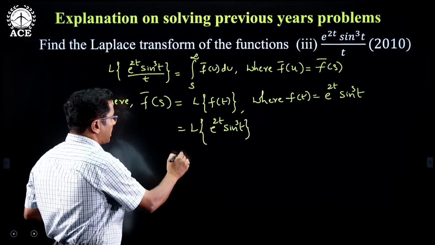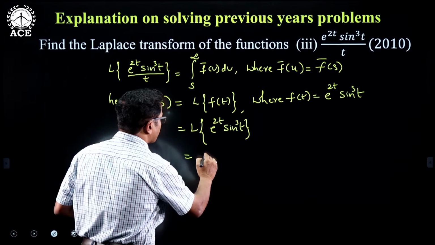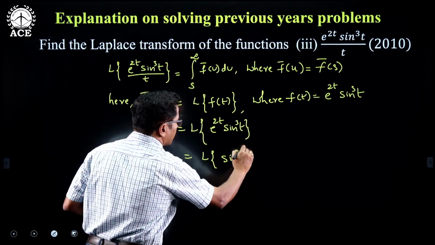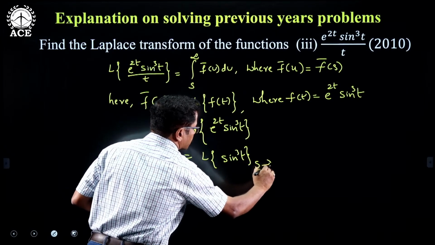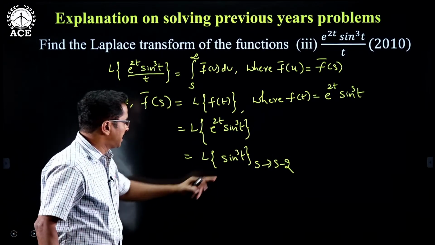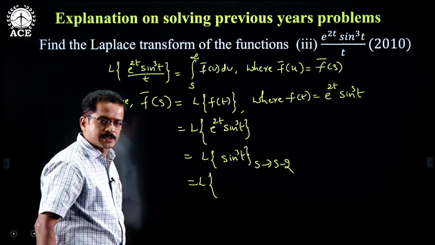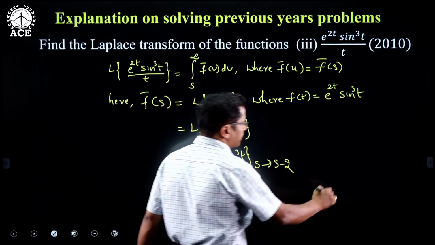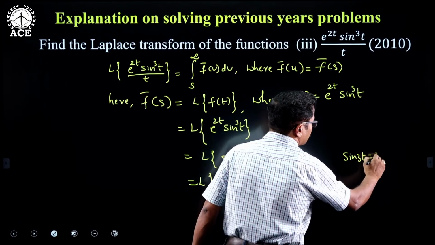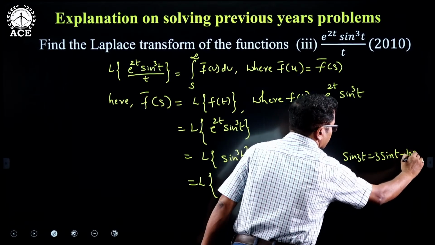Okay, so again I have to apply the first shifting theorem, that is L of sine cube t with s shifted to s minus 2. It is in a higher order form. So sine cube t, I already said, sine 3t is equal to 3 sine t minus 4 sine cube t.